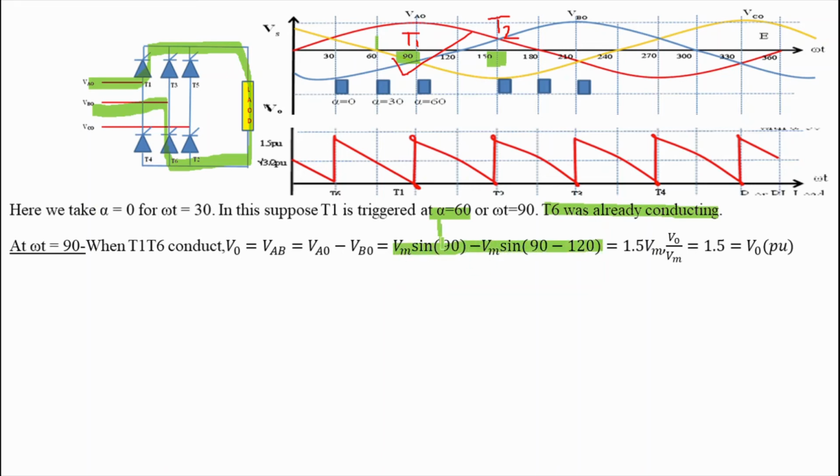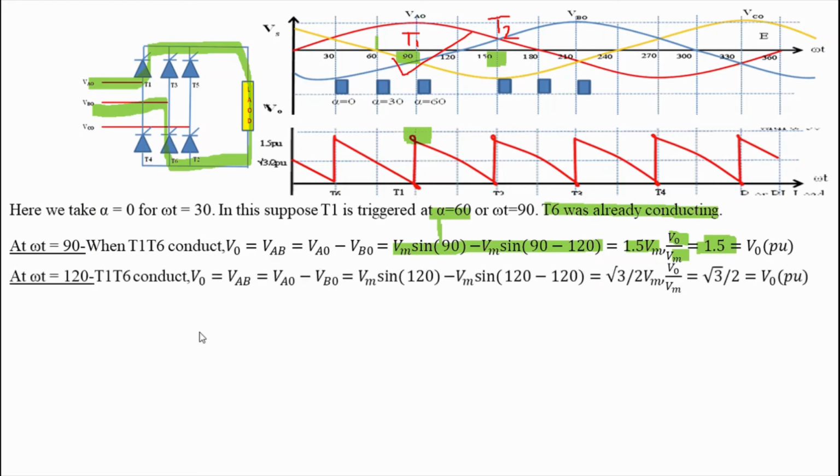Vm sin 90 is 1 and sin (90 minus 120) degree is sin minus 30, that is minus 0.5. So we will get 1.5 Vm. In terms of per unit, we can write V naught by Vm is equal to 1.5. So here we can see that at omega t is equal to 90 degree, this is 1.5.